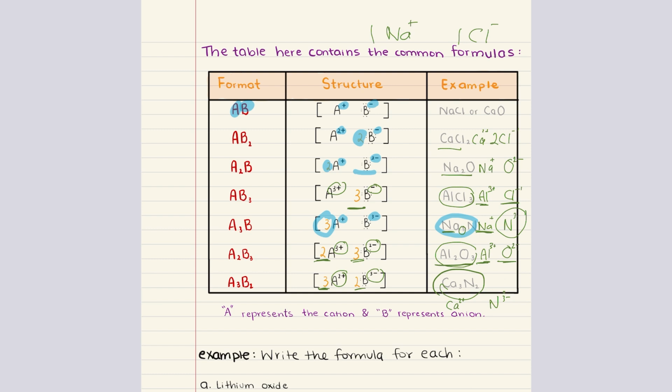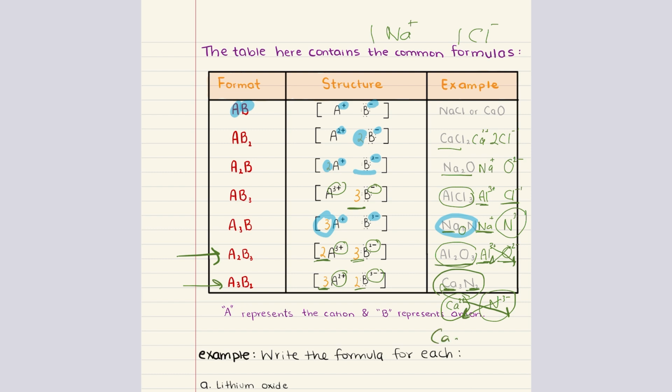Now, something that you can notice that will make this scenario and this scenario easy is that in order to balance the charges, you just swap the charges with the number of the other atom you have. So when you have calcium 2+ and nitrogen 3-, to figure out how much of each cation and anion you need, you give that number to the opposite atom.